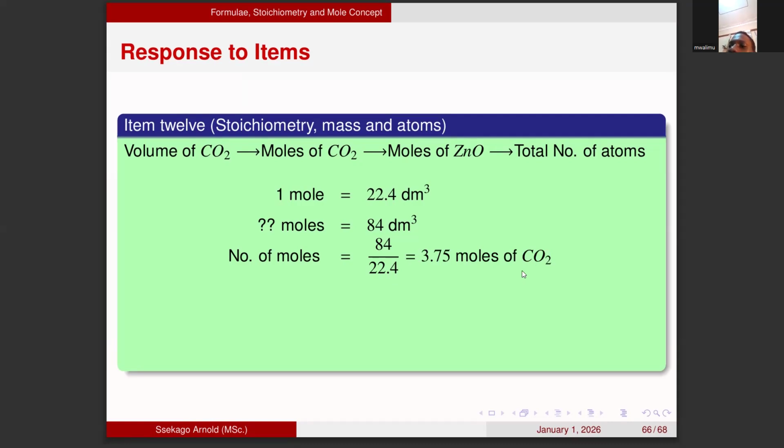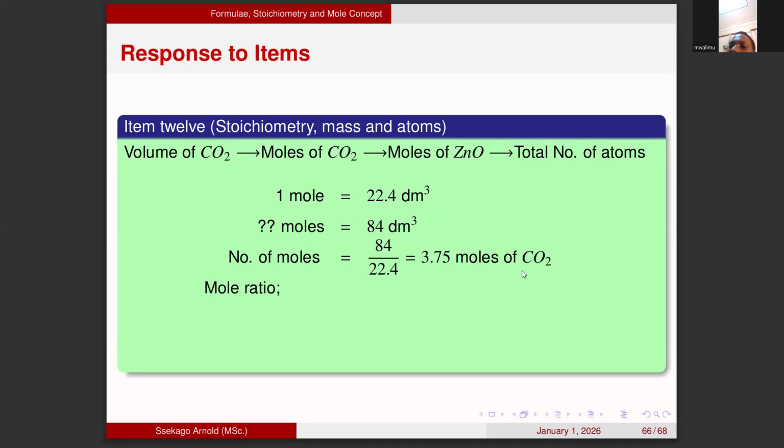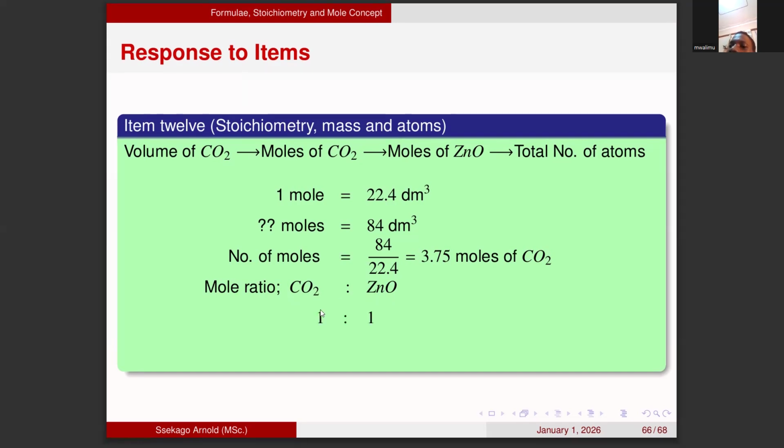Now I use moles of carbon dioxide to find moles of zinc oxide. To do that, we use the concept of reaction ratio or mole ratio. We use the given equation. So you relate what you have, which is carbon dioxide, to the ratio of carbon dioxide to zinc oxide. Look at the equation for item 12 carefully. When you look at it carefully, you realize that carbon dioxide is 1 mole.